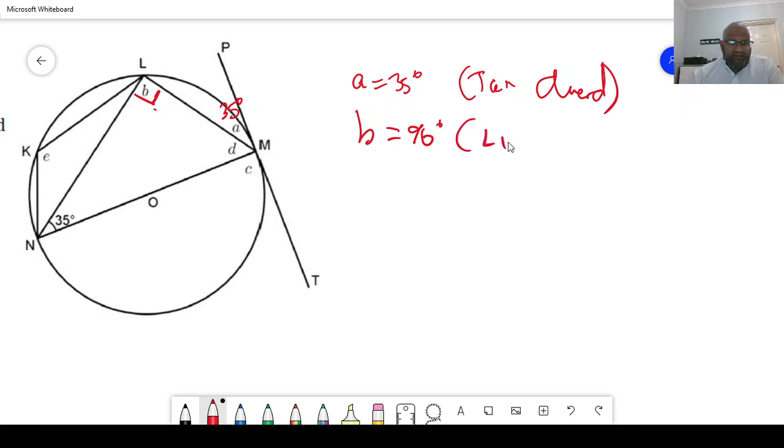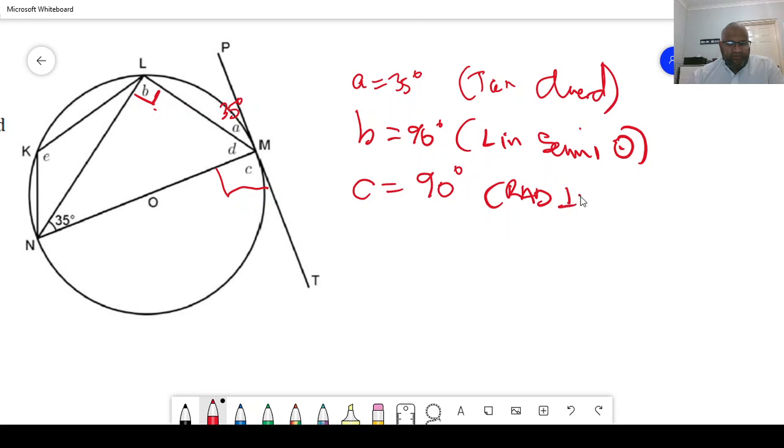Why? Angle in semicircle. Alright. Then we said C is also 90, either tan theorem or radius perpendicular to tangent. Okay, I'm going to go with radius perpendicular to tangent. Okay, my handwriting is not the best of it.